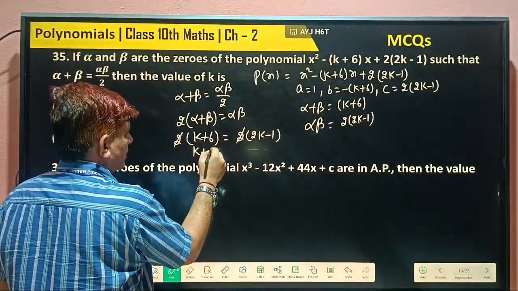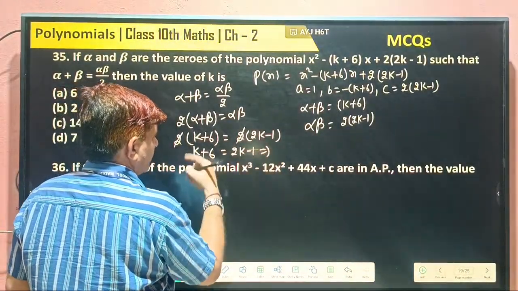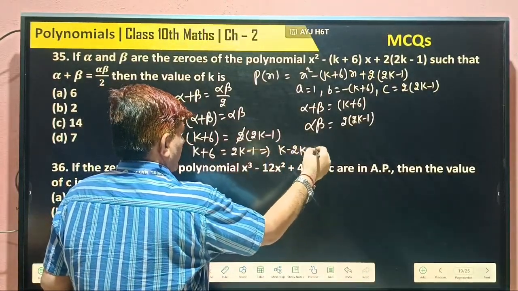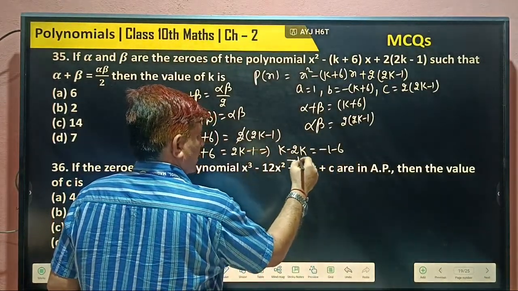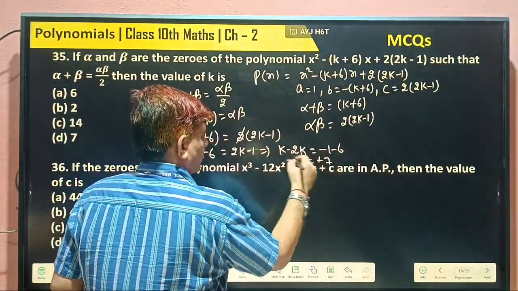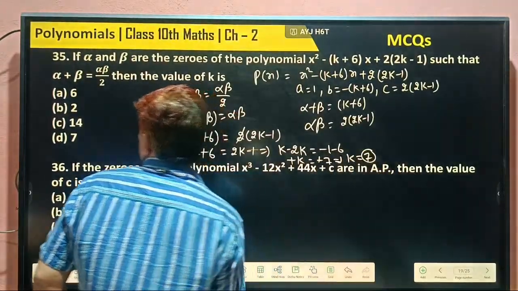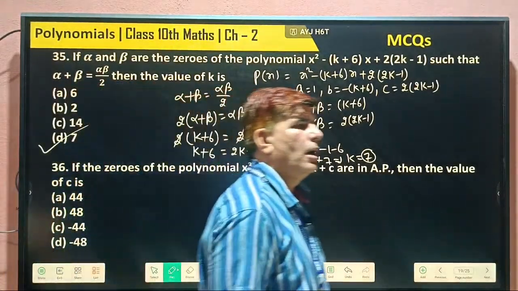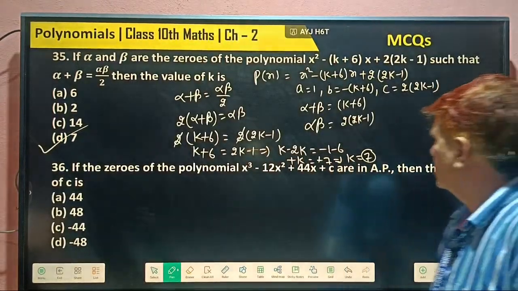So K plus 6 is equal to 2K minus 1. This implies K minus 2K is equal to minus 1 minus 6. So minus K equal to minus 7, which implies K equal to 7. Is it given anywhere? Yes, given. So C is your answer. C is your answer.